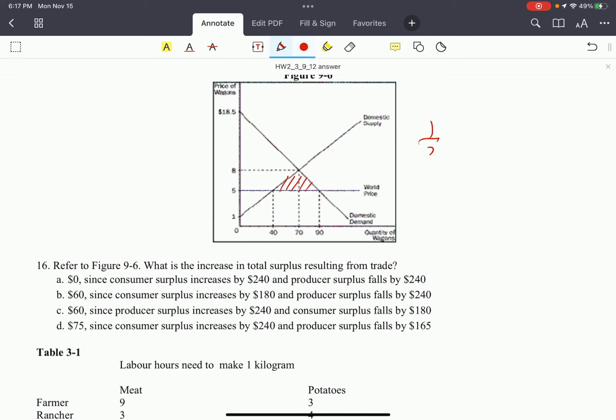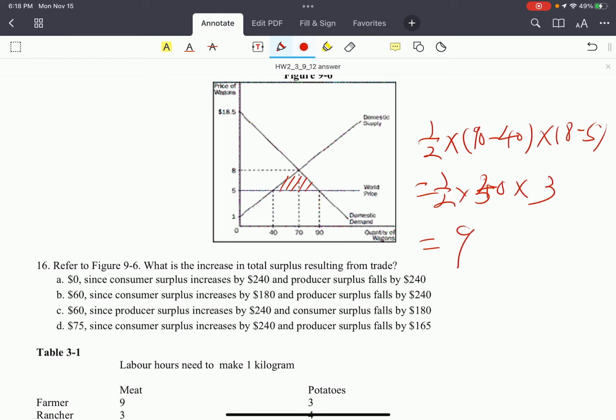So if you calculate it, it's 1/2 times the base, which would be 90 minus 40, times the height, which would be 8 minus 5. So we would get 75.